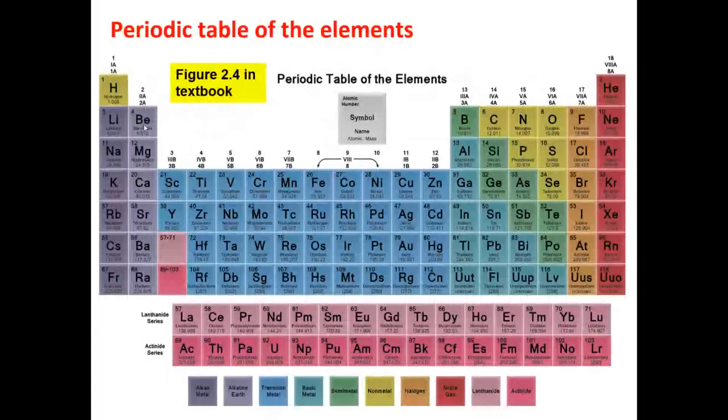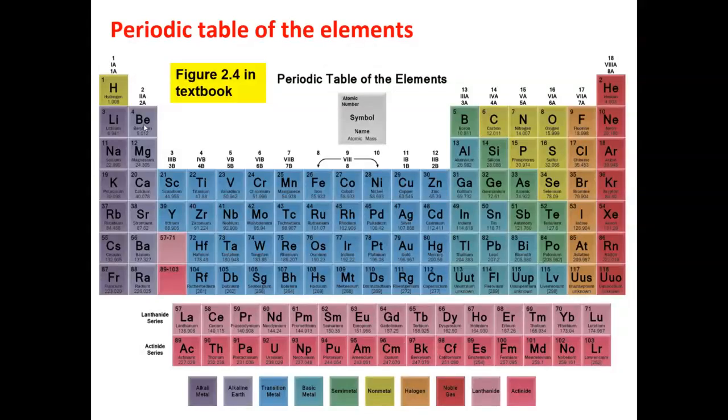These numbers in the upper left corner, that's the atomic number. So hydrogen has 1 proton, helium has 2, and lithium has 3, then 4, 5, 6, and so on. And this number down below here, that's the atomic mass or atomic weight.